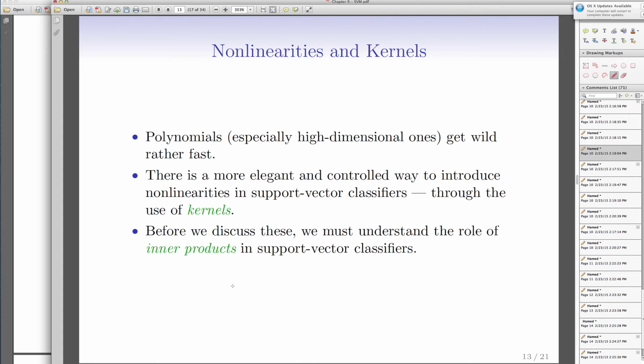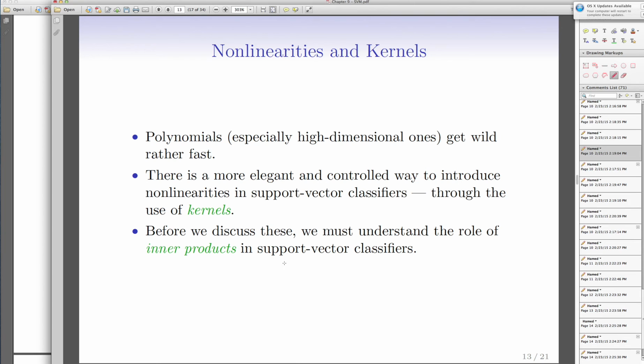Using kernels is wonderful because you can do wonderful things, including using so much smaller computational power to solve the questions that we had earlier.